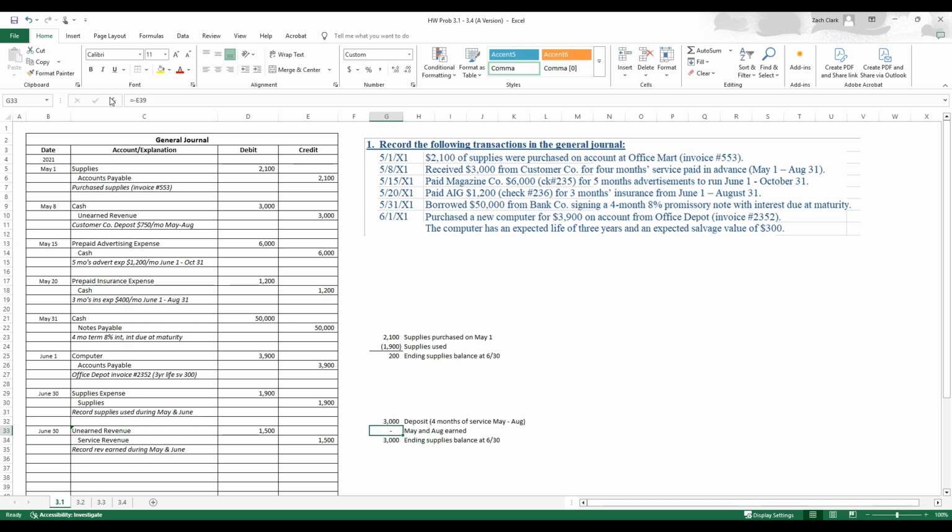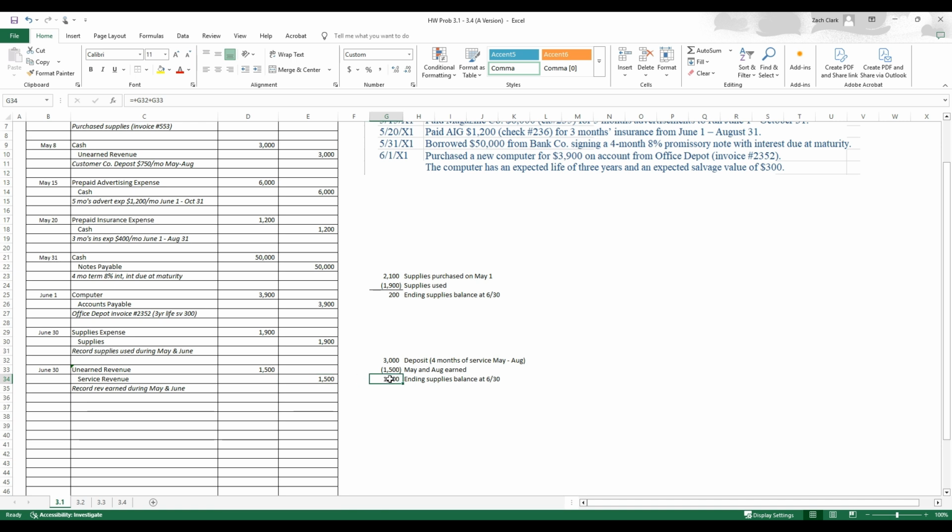So it's half of the 4 months basically. So then we're going to say minus $1,500, which is 1/2, and that's what we're recording here, is that it's now earned. It's no longer unearned, it is now earned. And again, if we could see the general ledger, we would see that there's a $1,500 balance left in unearned revenue liability that we will earn over the next 2 months as we continue to provide those services.